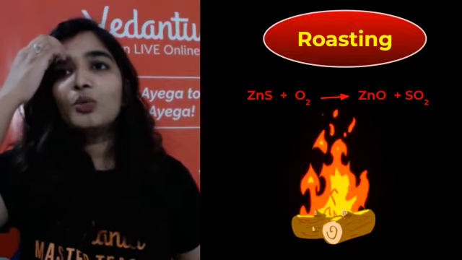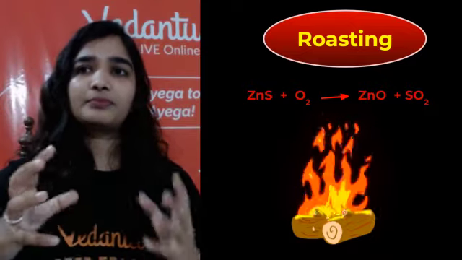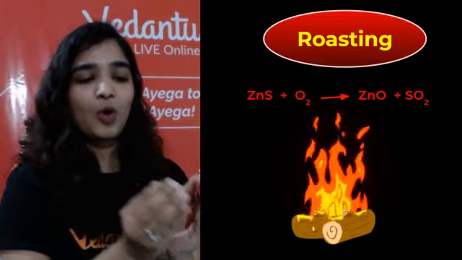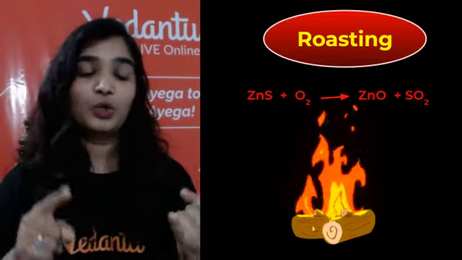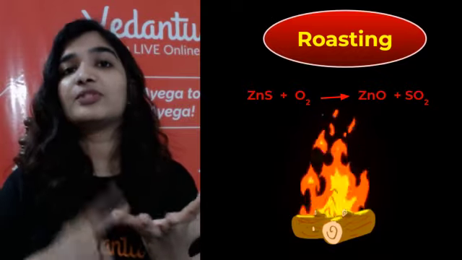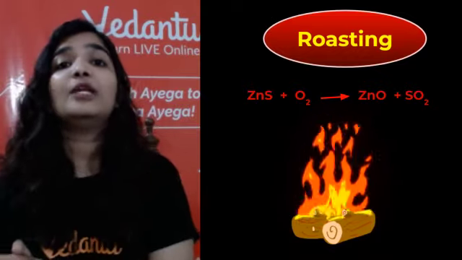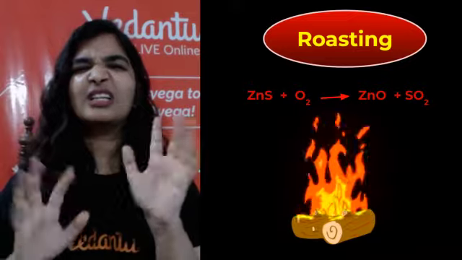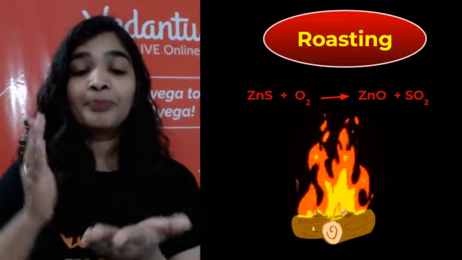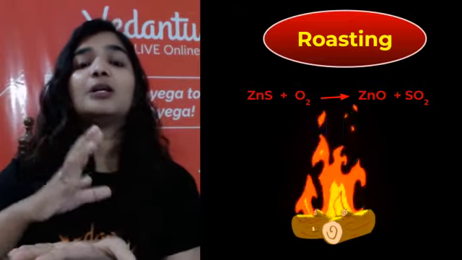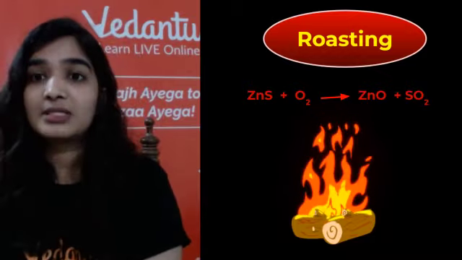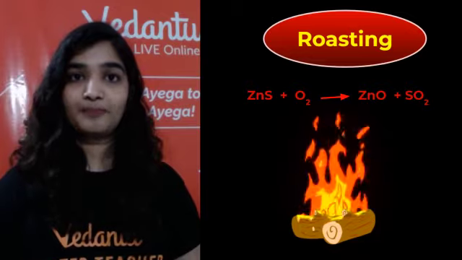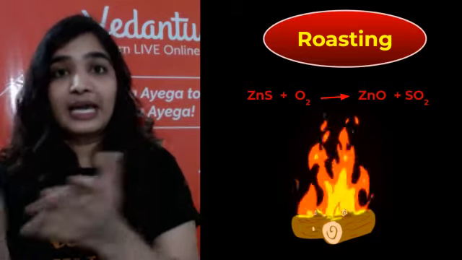When you are trying to reduce oxides into the metal, it is easy. But if you have the ores in the form of sulfides or carbonates, reducing them is a bit difficult. So we first convert our sulfide and carbonate ores into their oxides, then we reduce them. That is basically roasting and calcination.